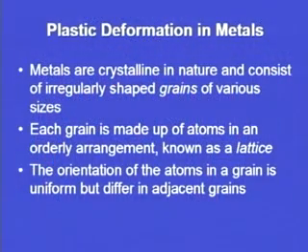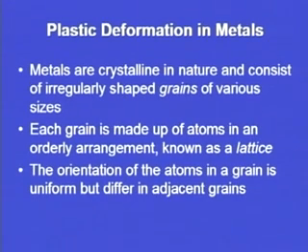Different processes undergo different states of stresses. Straight bending, for example, undergoes biaxial compression and biaxial tension. All these processes are basically undergoing plastic deformation, which helps to convert the shape from a raw material into the final form.